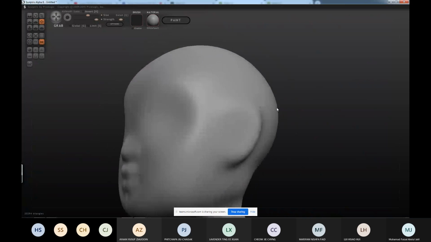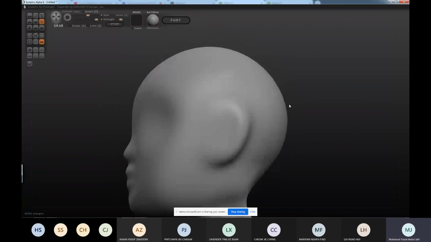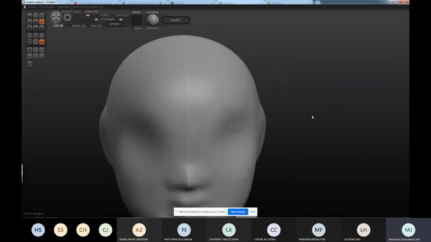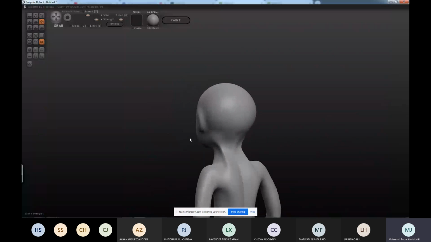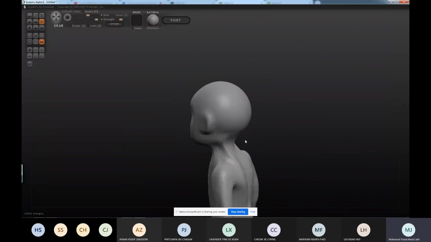All right, so don't rush too much. Look back again at your model to see the difference first. What can you actually improve from here?